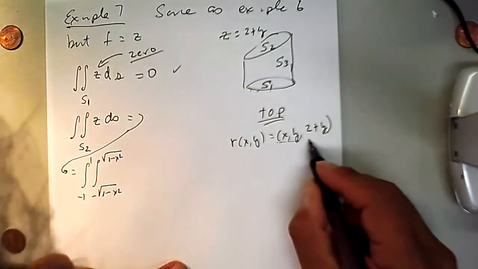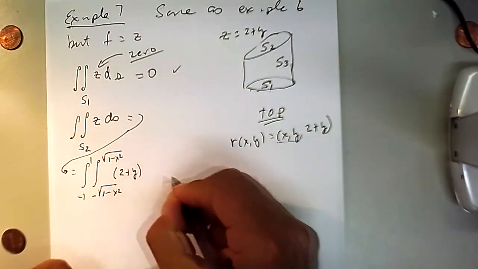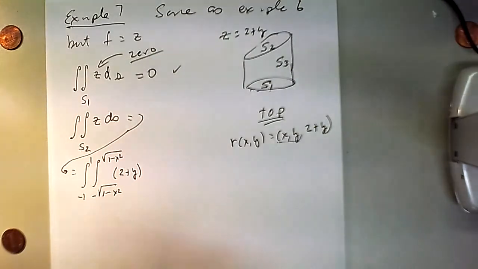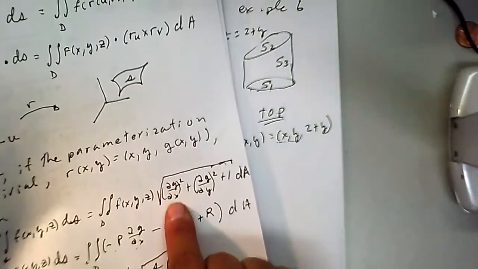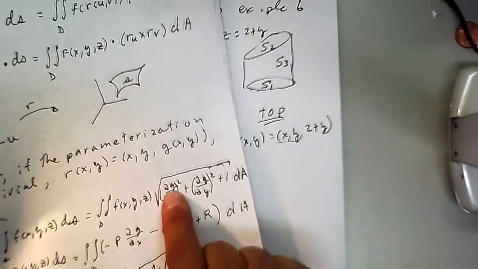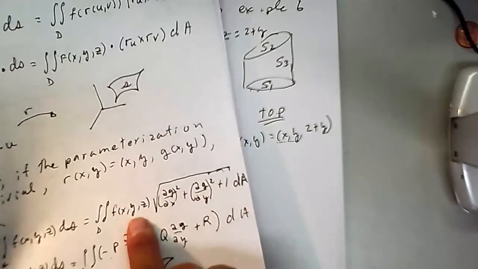Z is 2 plus y, quantity 2 plus y. And then we have to remember, if we are integrating, we have to do this business: square root of z with respect to x squared plus z with respect to y squared plus 1.